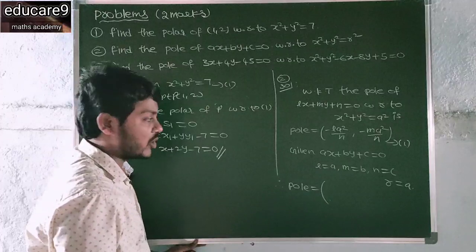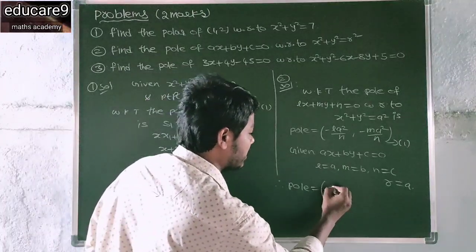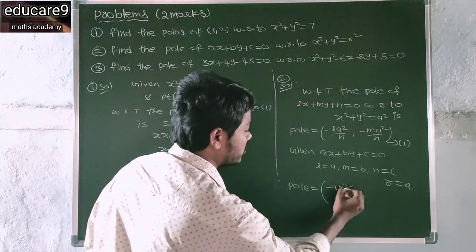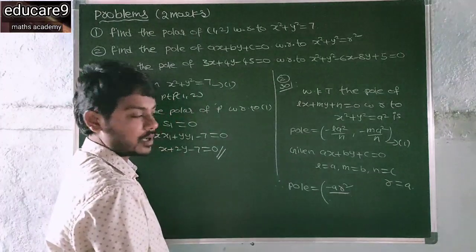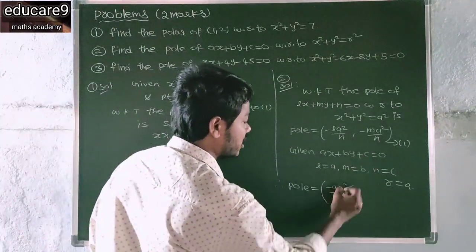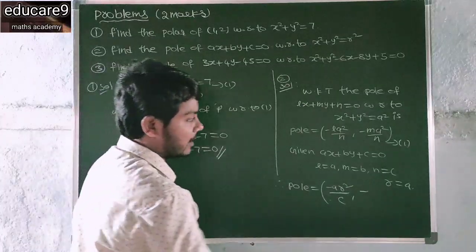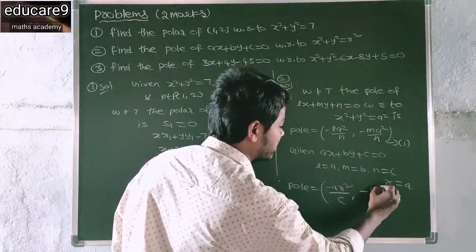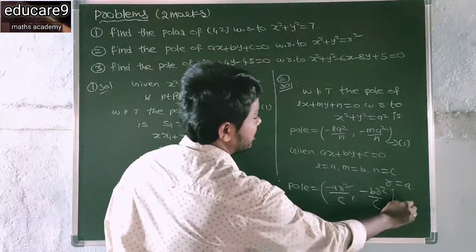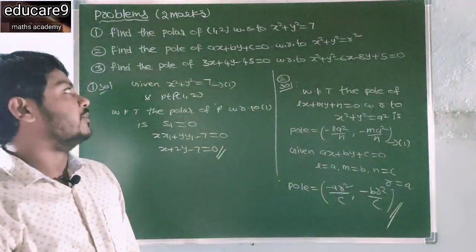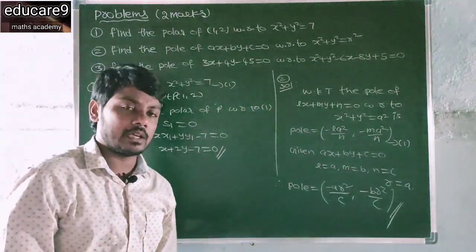Minus la square, that is minus a r square, okay, by n. n is what? c. Similarly minus ma square, that is minus b r square by c. So this is the pole of the line with respect to the circle.